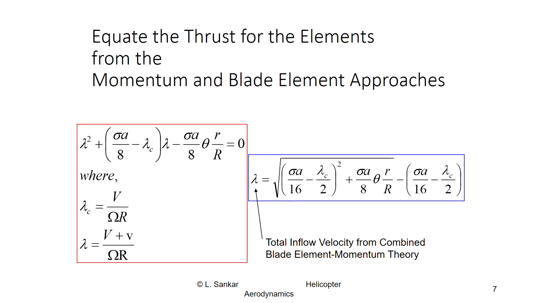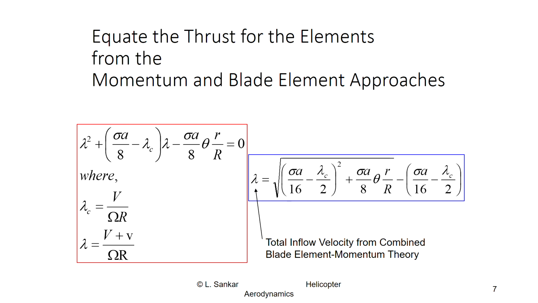Anyway, if you non-dimensionalize everything, you still get a quadratic equation, and you have two roots. We pick the root that is appropriate, which is the positive root, because the induced velocity should be positive going down through the rotor disk. So we pick it, and we get this expression.